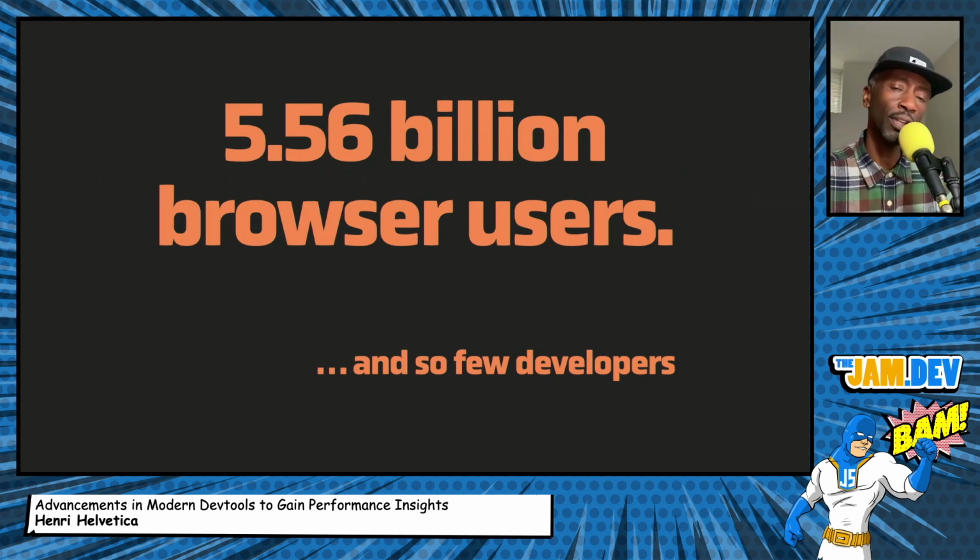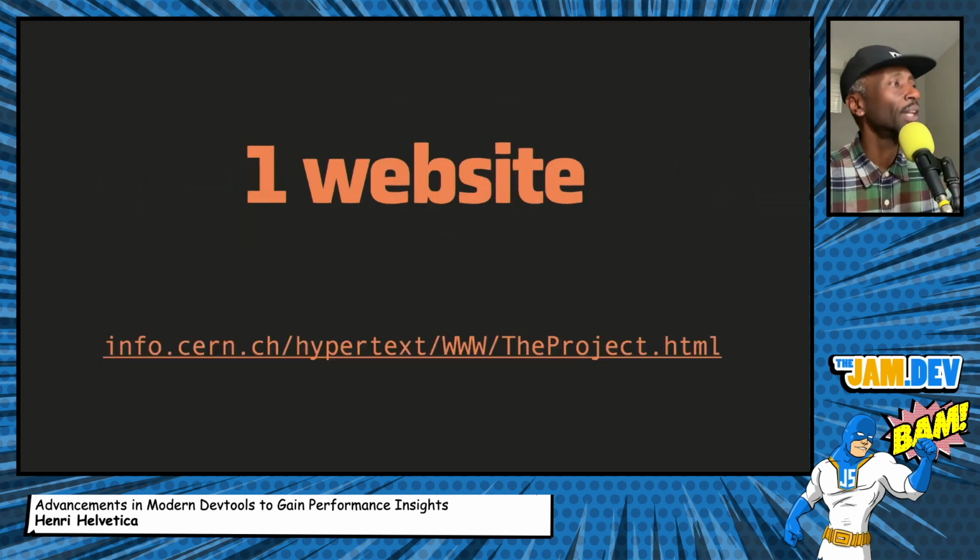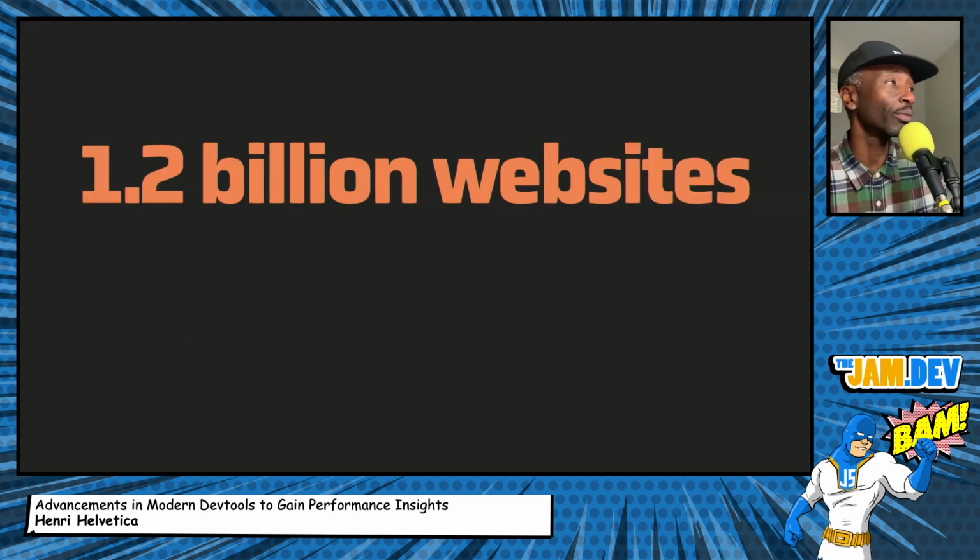And if you start to think about it, once upon a time when we deployed our first site, we actually thought that was kind of amazing. But today, at this very moment, we have 1.2 billion websites on the planet. Apparently most of them are built with PHP, but that's a different story.